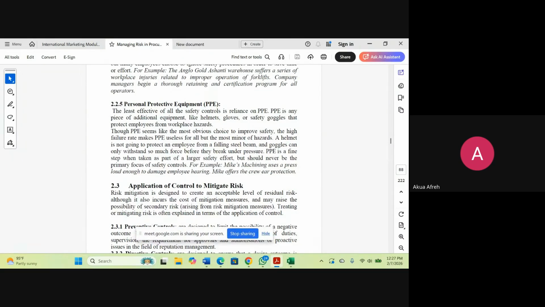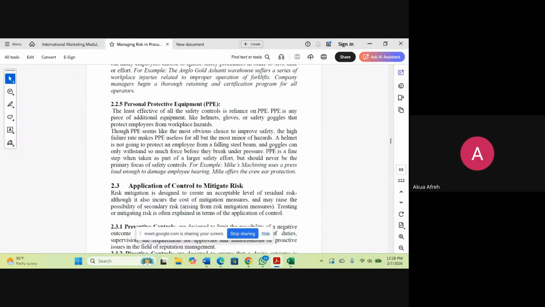So when you draw a pyramid, just like Maslow's theory of needs, the PPEs will be at the bottom, like the basic needs, and then we move up to the most effective, which we said was the elimination control.